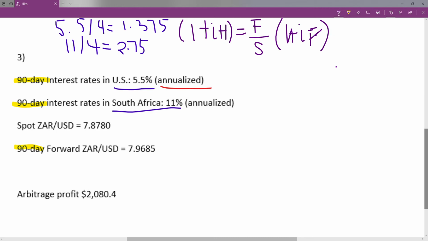Okay? Let me just go ahead and clean this up here a bit. And this formula is really what you're going to use to solve this problem, because this is how we're going to find where to borrow and where to invest.